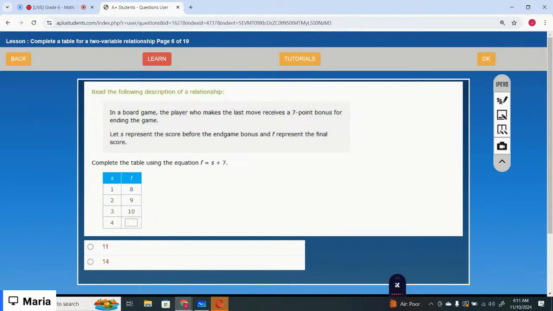The correct option is option number 1. 11 it is.